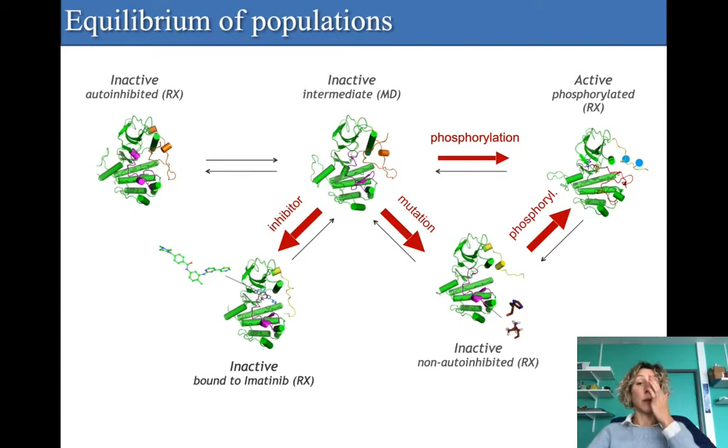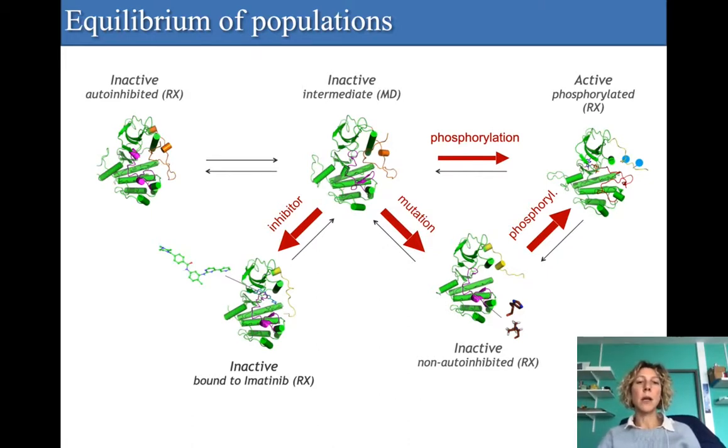For example, this is a kinase domain, which can be in an inactive autoinhibited form, so that's from X-ray, or active phosphorylated. And between the two, you can see that the highlighted regions in orange and magenta have drastically changed their conformation. They just open and detach from the protein, completely different shape and completely different secondary structures. So in between, you may predict some inactive intermediates by molecular dynamics simulations.